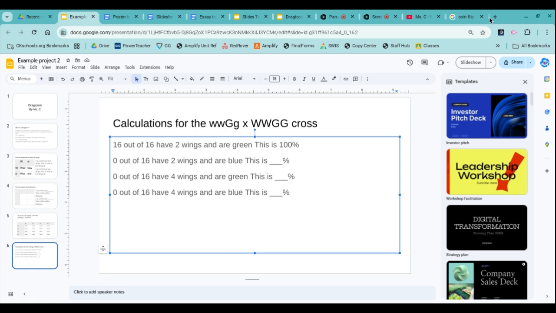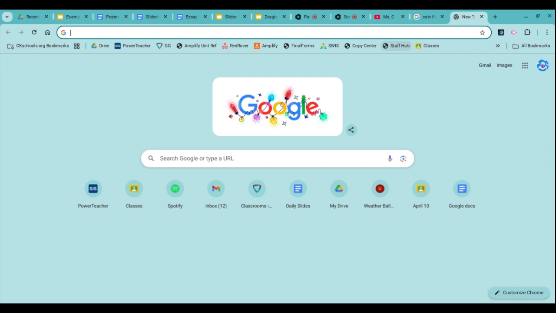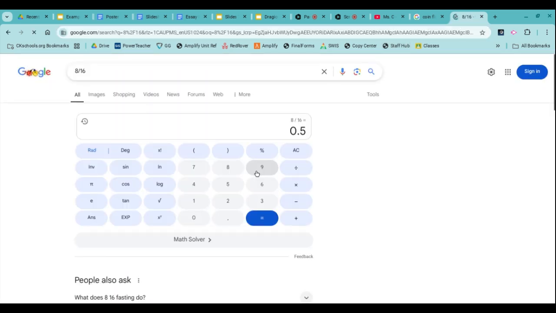So, for instance, if half of them, 8 out of 16, 8 divided by 16, gives me 0.5, which is like saying 50%. Or if I had done 2 divided by 16, it would have given me 0.125, which would be 12.5%.